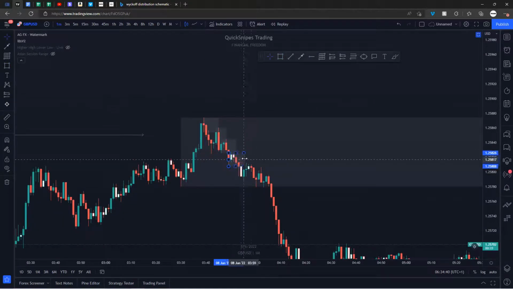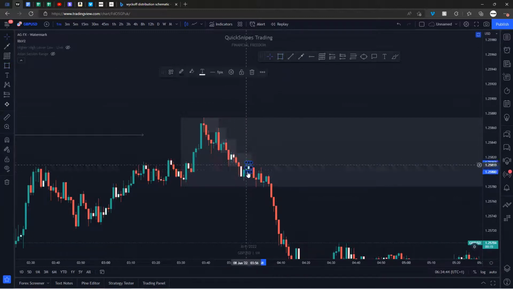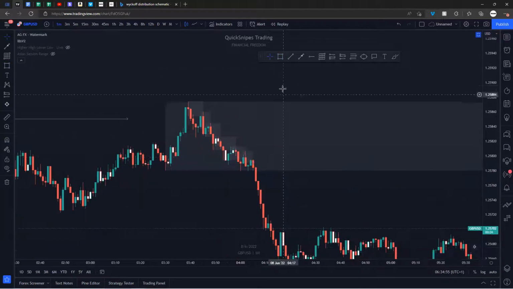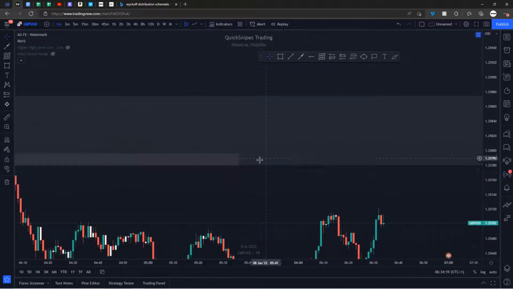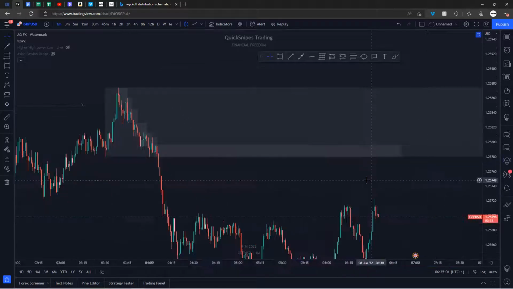Supply reacted there. Supply reacted there. Supply reacted there. This supply is unreacted, so it's a really clear supply chain there.